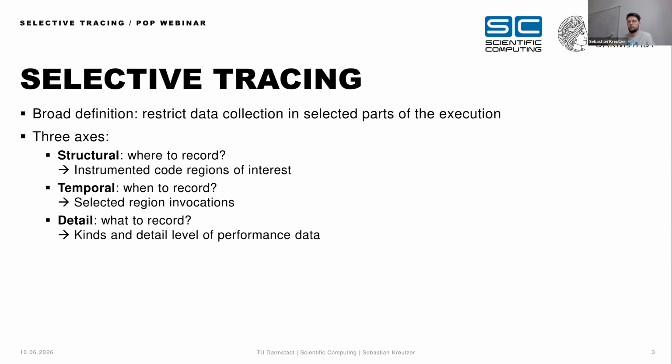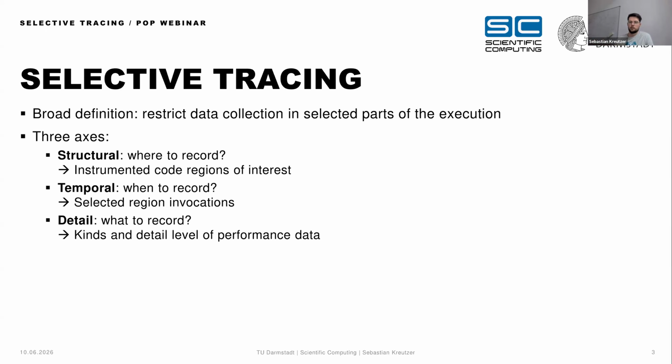For one, there's the structural axis, or where to record data. And that is usually defined by a configuration of instrumented code regions. And by adjusting these instrumented regions, you can control that structural axis.